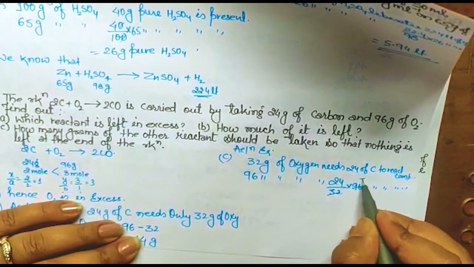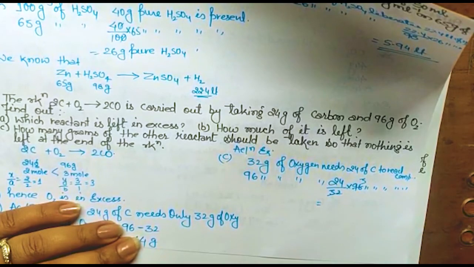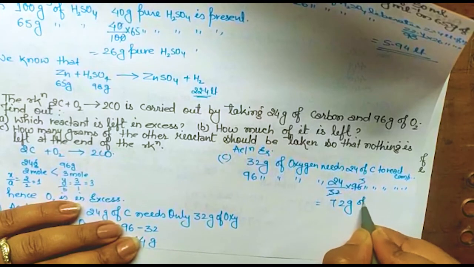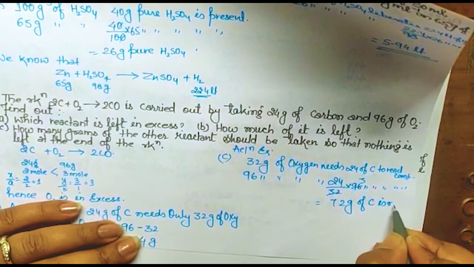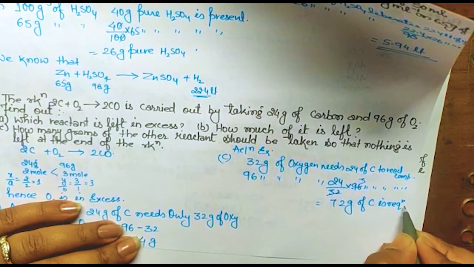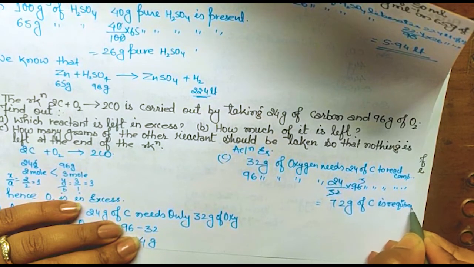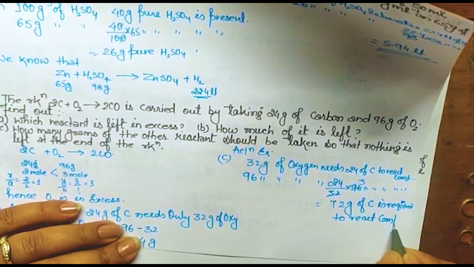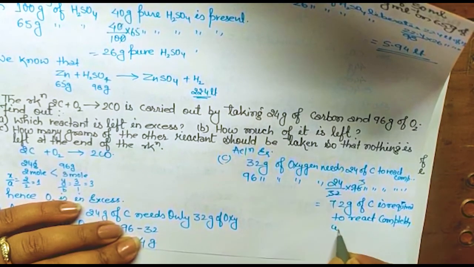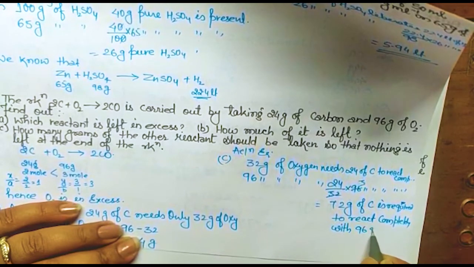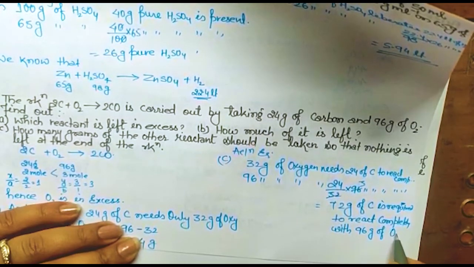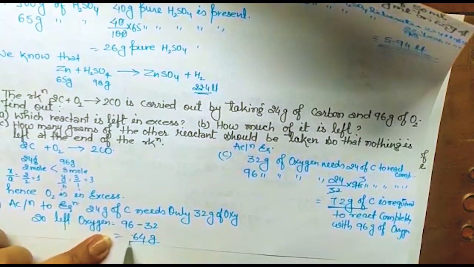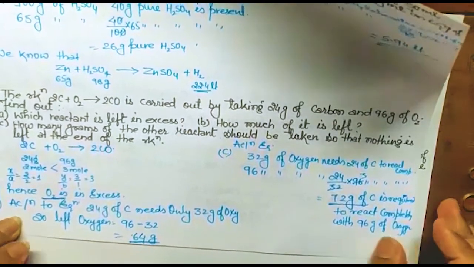So this is 3 and here it is 4 3s are 12, 6 7, 72 gram of carbon is required to react completely with 96 gram of what? Oxygen. This is the third answer. This is B answer. This is A answer.